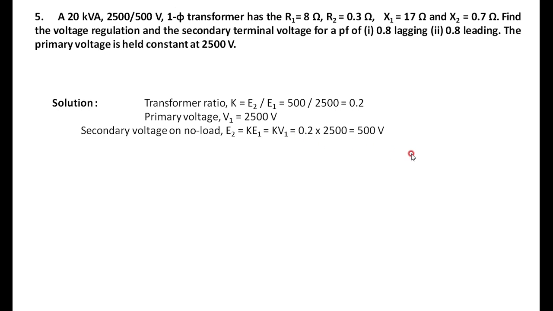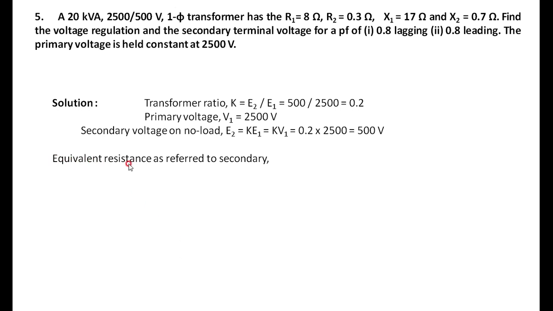To find V2, from E2 you have to deduct the voltage drop in the transformer, for which we derived the equation. That is I2 R02 cos phi plus I2 X02 sin phi for a lagging load, and I2 R02 cos phi minus I2 X02 sin phi for the leading power factor.